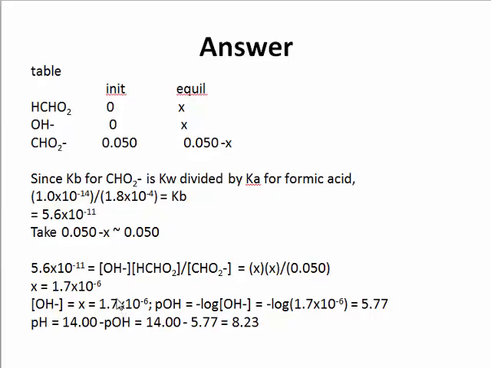That is the hydroxide ion concentration. Gives a pOH of 5.77, and again the pH will be more than 7 after we find the pH by taking 14 minus 5.77. pH is 8.23, indicating, well, as we know, a basic solution.